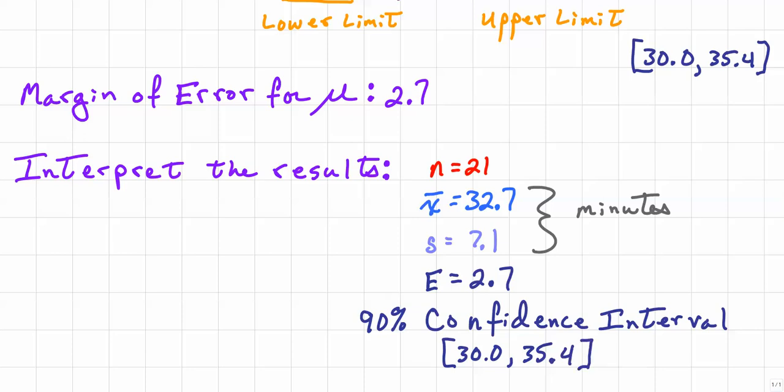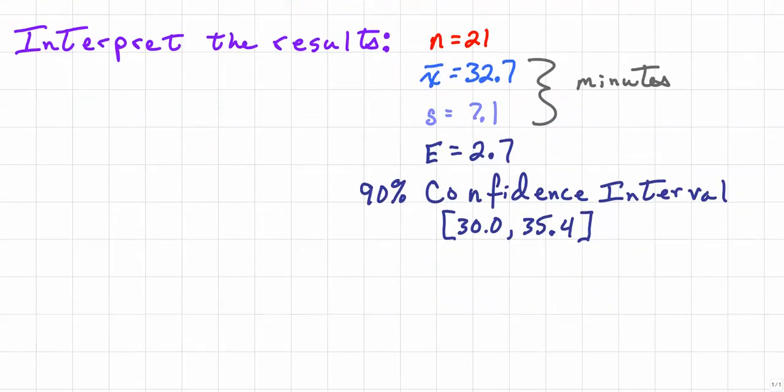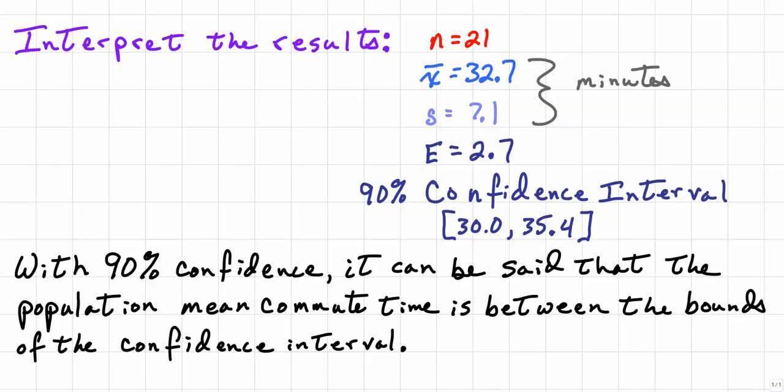So what can we glean from this? Basically we can state that with 90% confidence it can be said that the population mean commute time is between the bounds of the confidence interval. What does that mean?